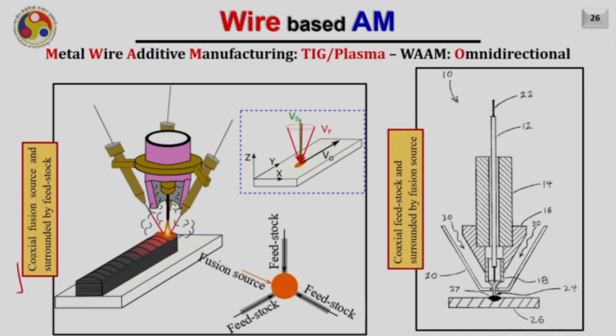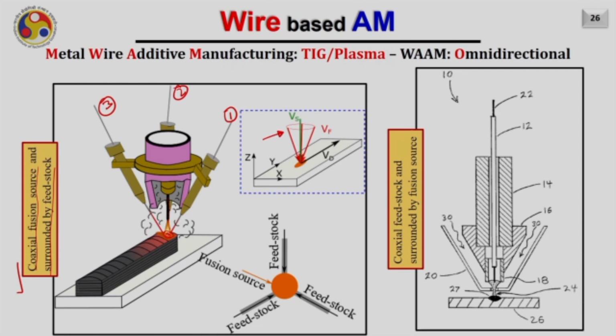The first one is the coaxial fusion source surrounded by the feedstock. The center is the tungsten which is generating the arc and it is creating a molten pool on the bottom. Now, instead of having only one wire, we are going to have 3 wires, and these 3 wires are forming a cone like this.